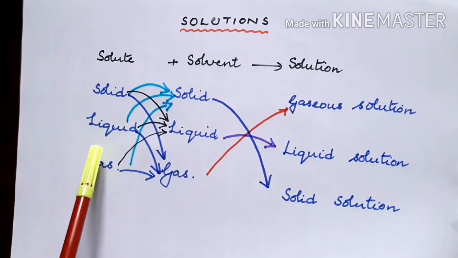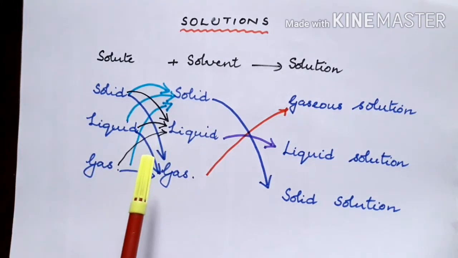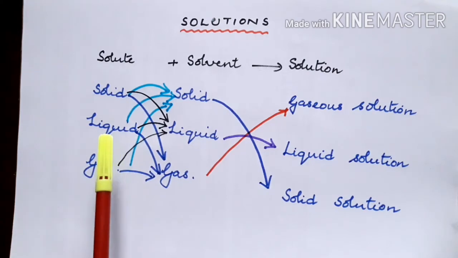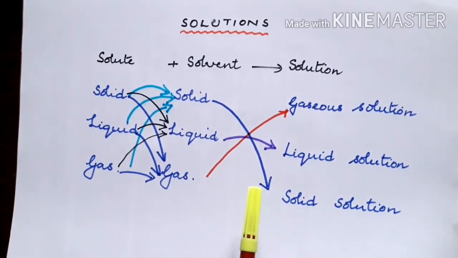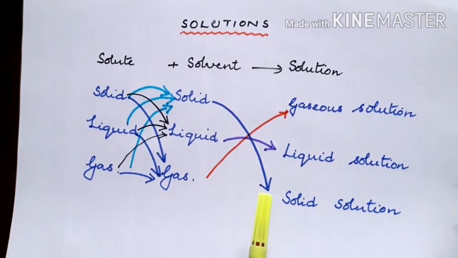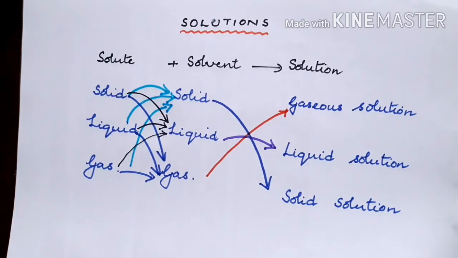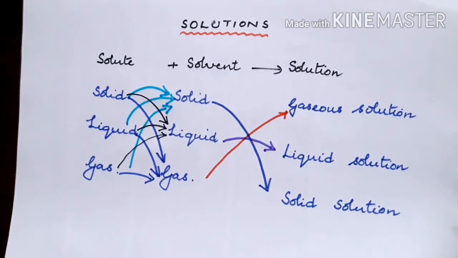Gas dissolved in solid: the example is a solution of hydrogen in palladium. Liquid dissolved in solid: amalgam of mercury with sodium. And solid in solid: the example is alloys. So, these are the main types of binary solutions.